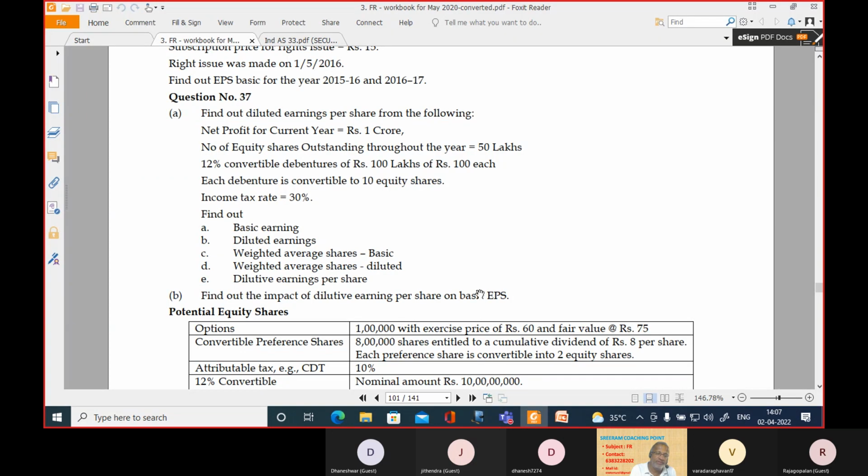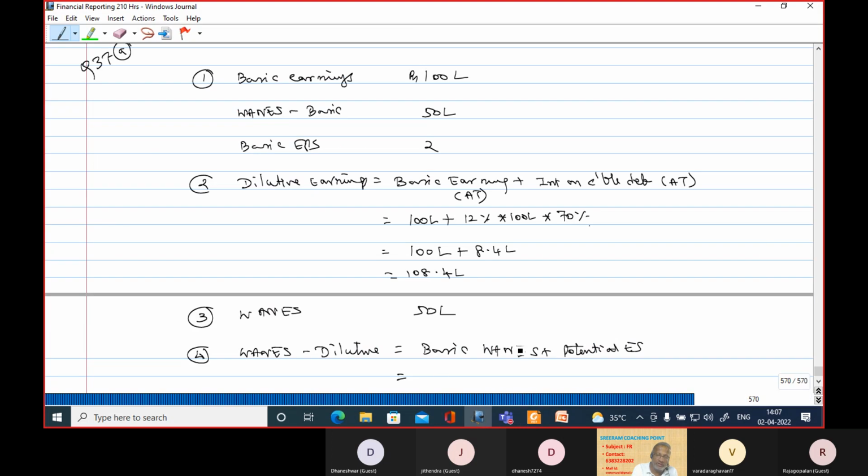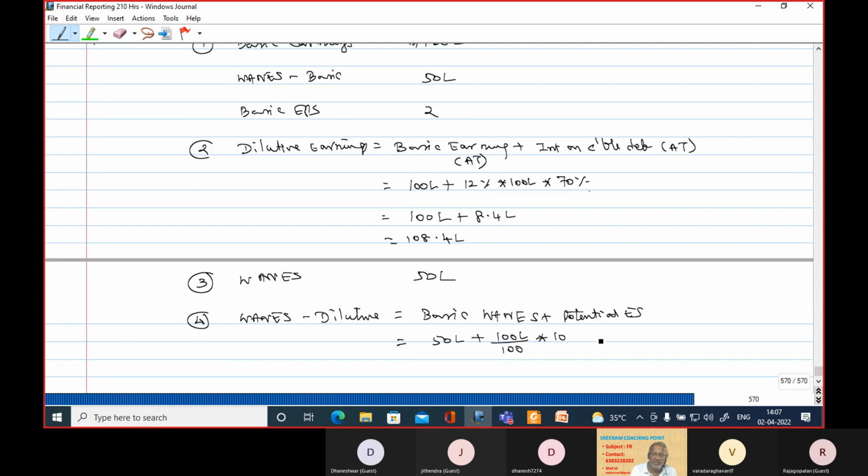Basic weighted average number of equity shares 50 lakhs, and conversion of 100 lakhs of rupees, 10 lakh shares, which is equal to 60 lakhs.